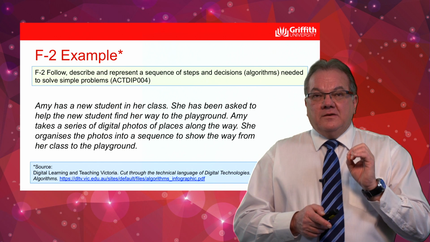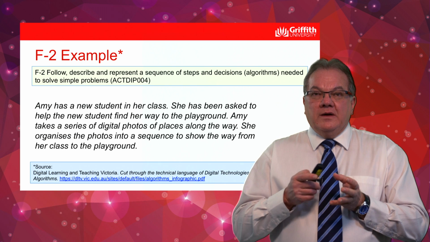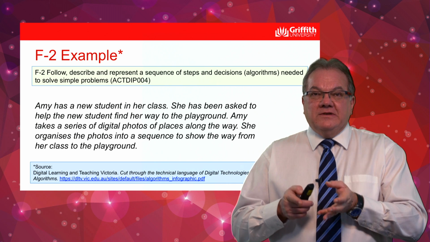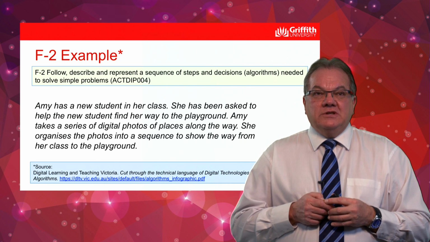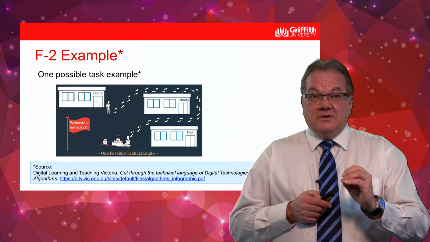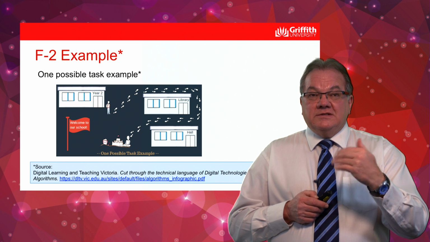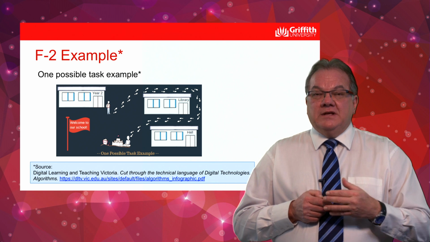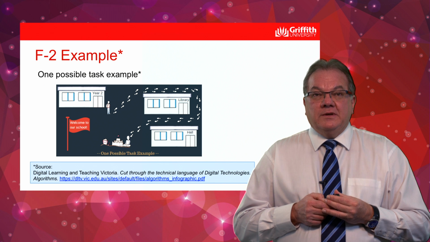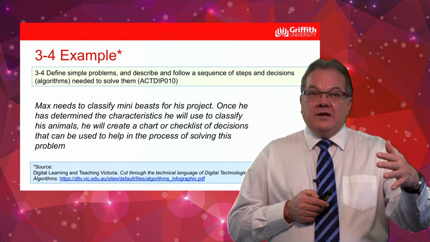Here are possible examples to provide you with some practical ideas of the way in which the increasing sophistication might be represented by students. So here's an F to 2 example. This is a possible task example, and you can see the way in which a student might represent a response to that particular task. In 3-4, here's another practical example.